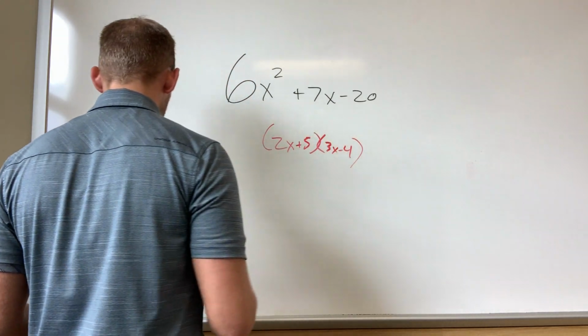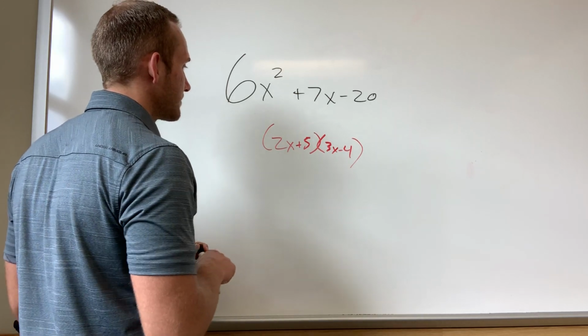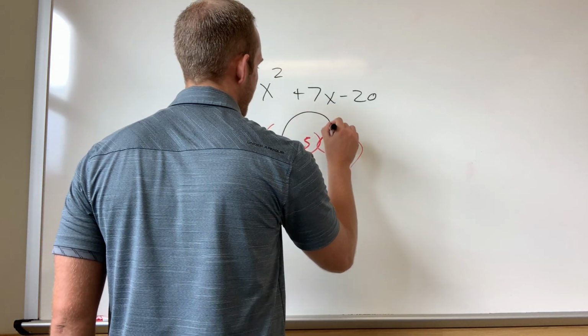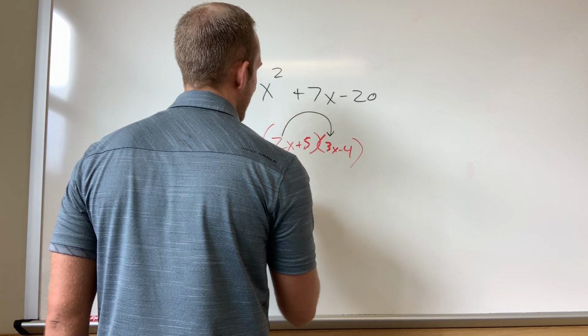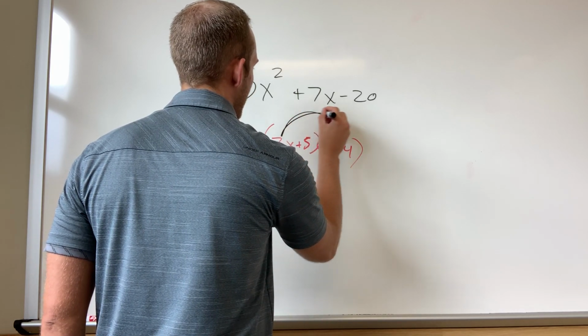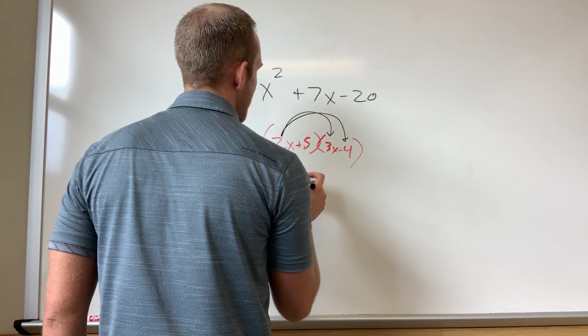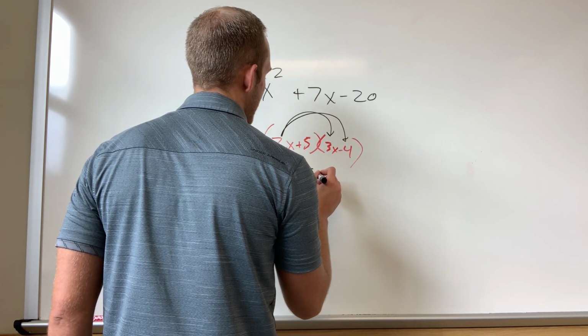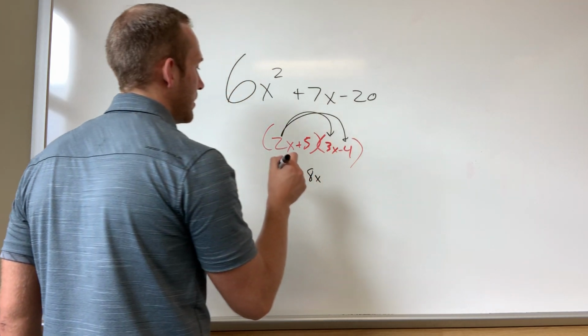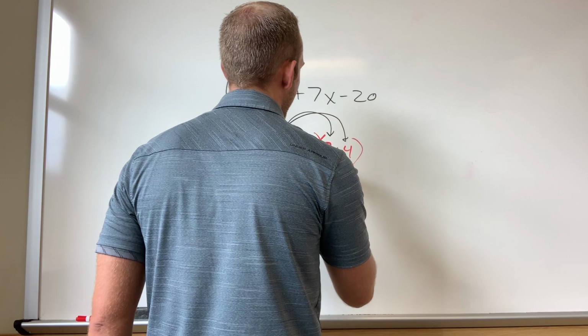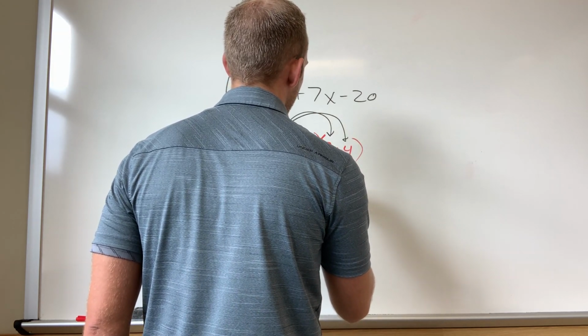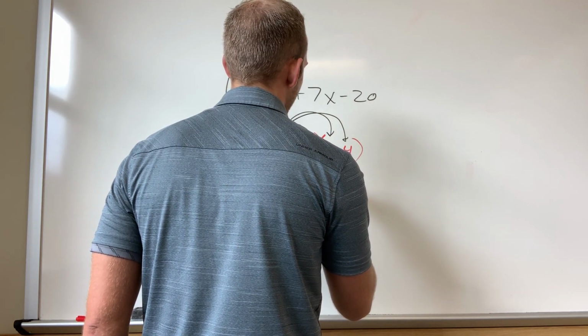To verify that, first, 6x squared. Outer is negative 8x. Inner, so 5 and 3, that would be plus 15x.